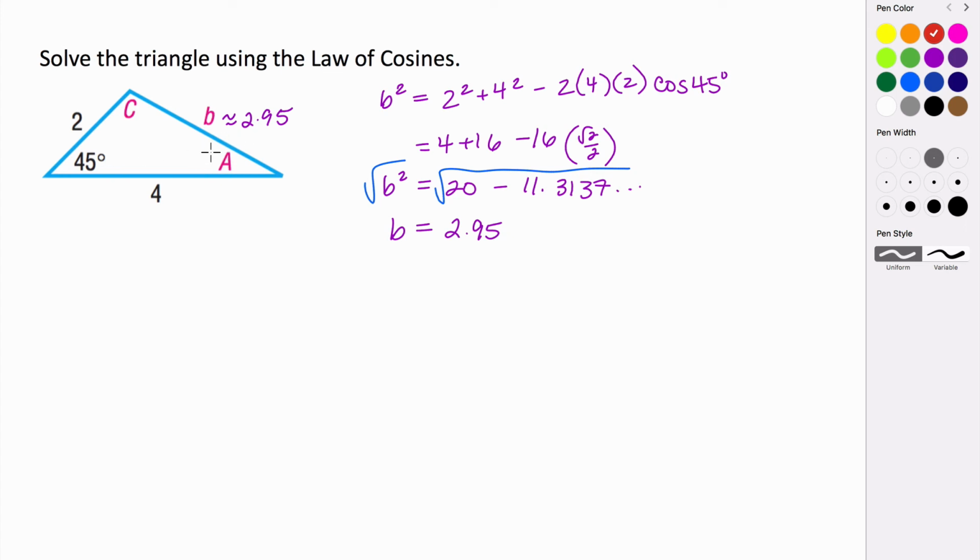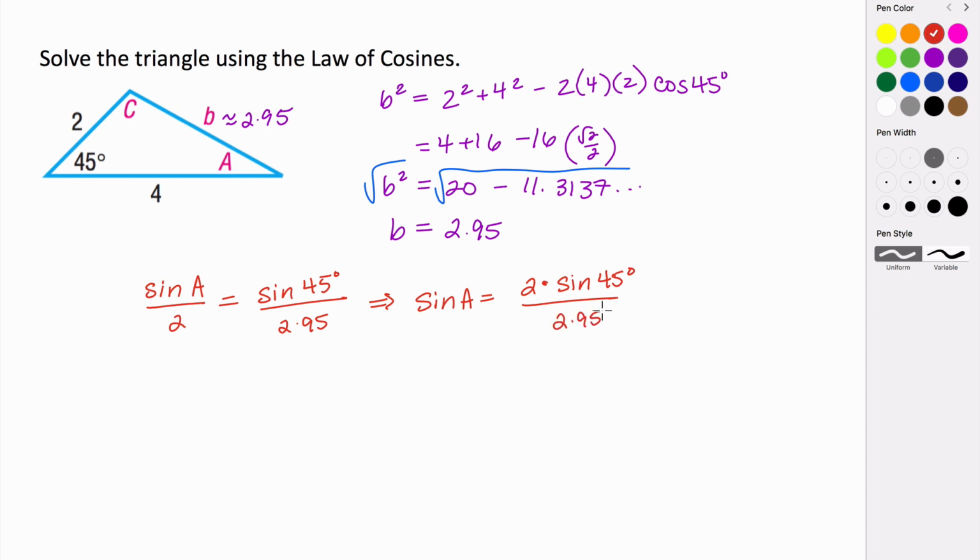So let's find the measure of angle A. Using the law of sines, the sine of A divided by 2 equals the sine of 45 divided by 2.95. Multiply both sides by 2, and we get that the sine of A is equal to 2 times the sine of 45 degrees, all divided by 2.95.